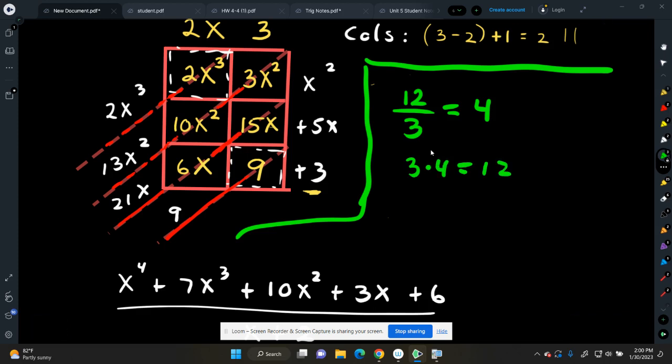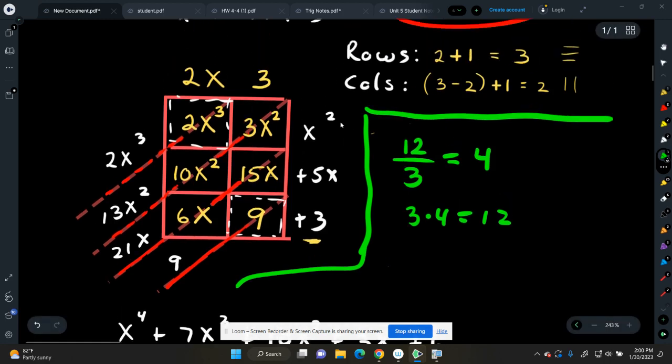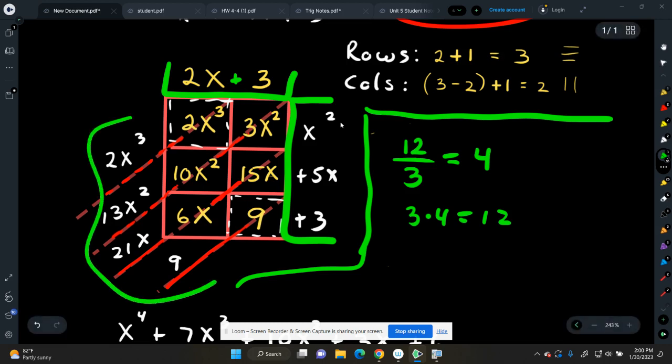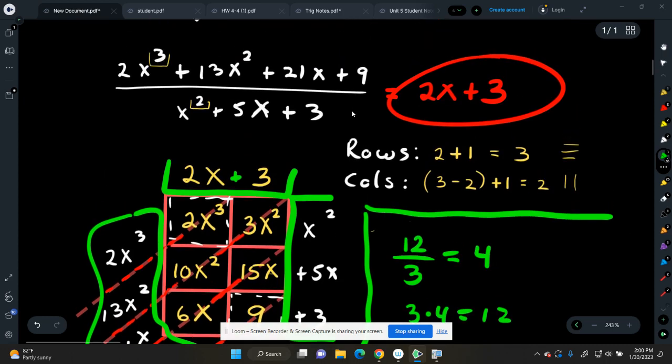So when we started our tabular method, we learned multiplication, right? We did 2x plus 3 times x squared plus 5x plus 3, and we got this answer. Now going the other direction, we did the division, and we got this answer, or quotient.